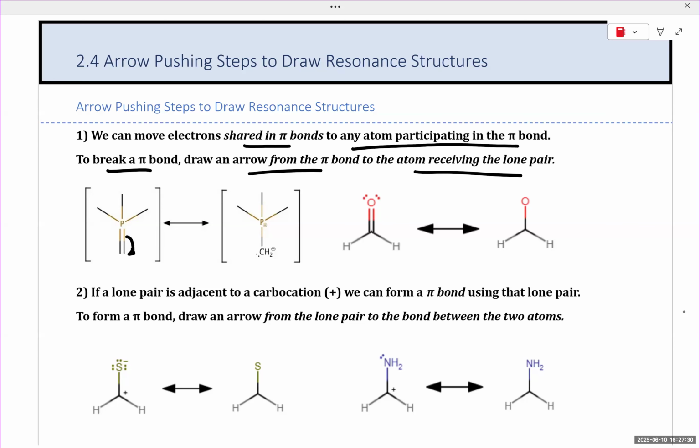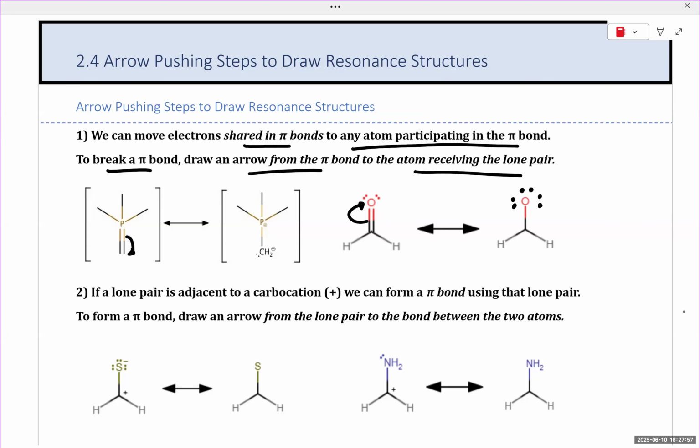Let's practice this skill. So here we have formaldehyde. Let's draw a resonance structure. So we have a double bond, we have a pi bond, and we can take those pi bonding electrons and distribute them to one of the atoms participating in the pi bond. Given oxygen's way more electronegative, we're going to push those pi electrons onto the oxygen atom, and that gives us an additional lone pair.